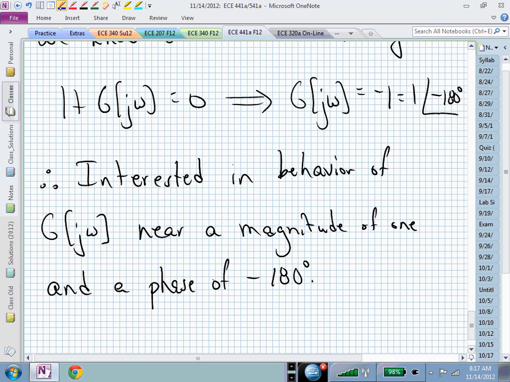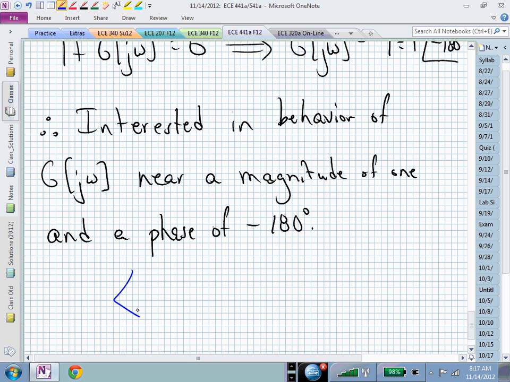And the nearness to that simultaneous satisfaction is giving rise to what we will call stability margins.